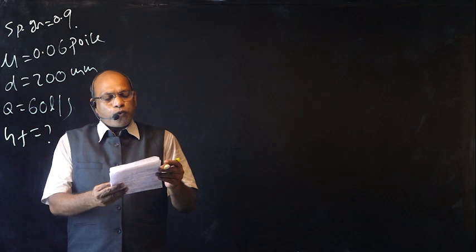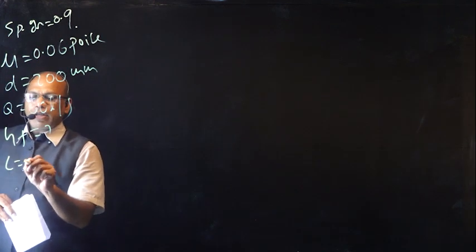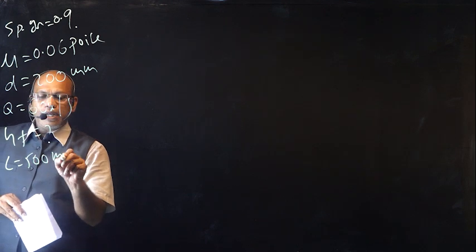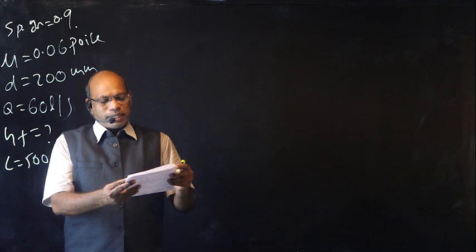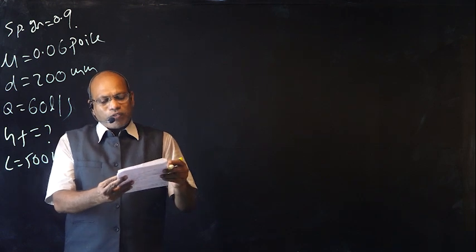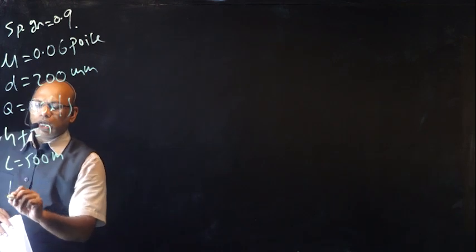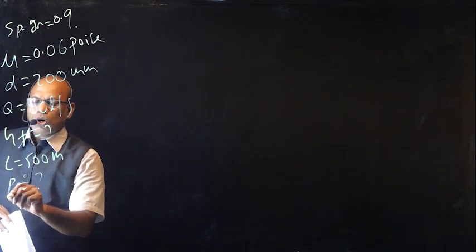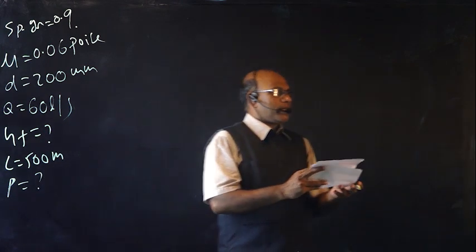For a 500 meters long pipe, L is given, that is equal to 500 meters. Find the power required to maintain this flow, and they also need the power required to maintain this flow. Right?